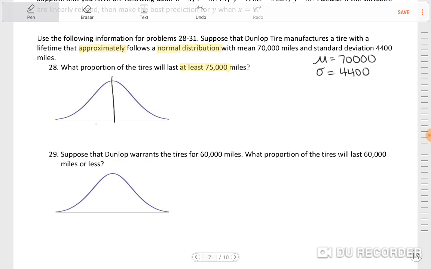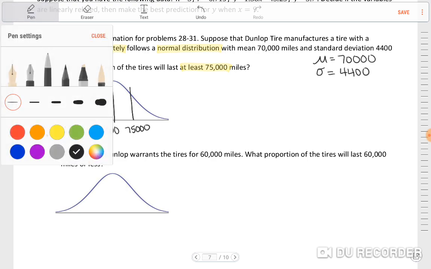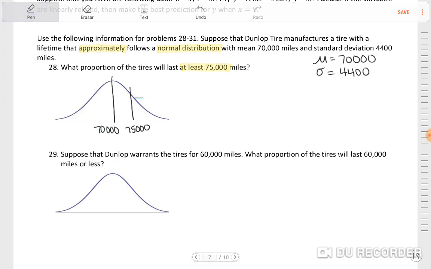So our mean is 70,000, so that goes in the middle. Okay, and then it says 75,000, that's going to be over here, will last at least 75,000. Now, at least 75 means 75,000 or more, right? So that's to the right. I want to know this area right here.